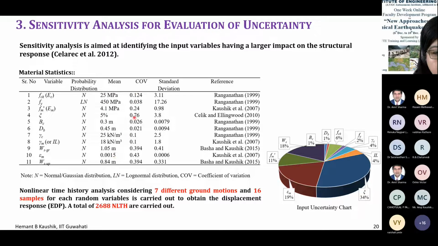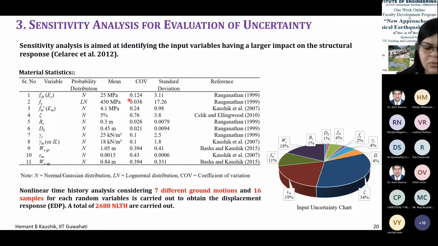So these are the coefficients of variation that we consider in each of them. These are the standard deviations, and these are some of the references from where we have utilized these values. So we carried out nonlinear time history analysis, considering those 7 different ground motions and 16 samples for each random variable. For each of these variables, we developed 16 samples.